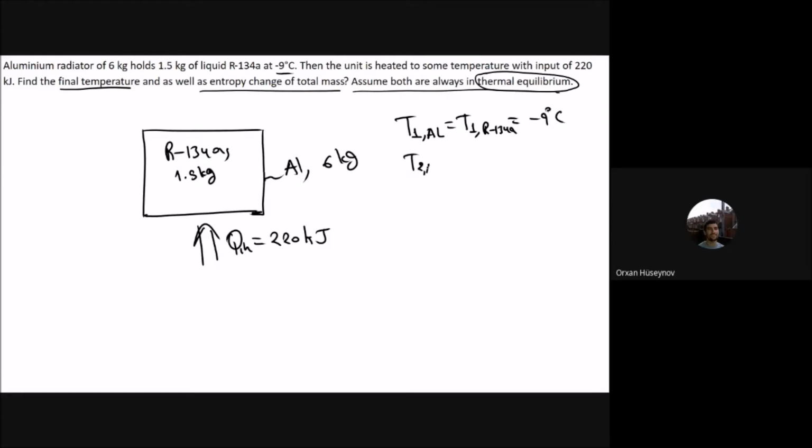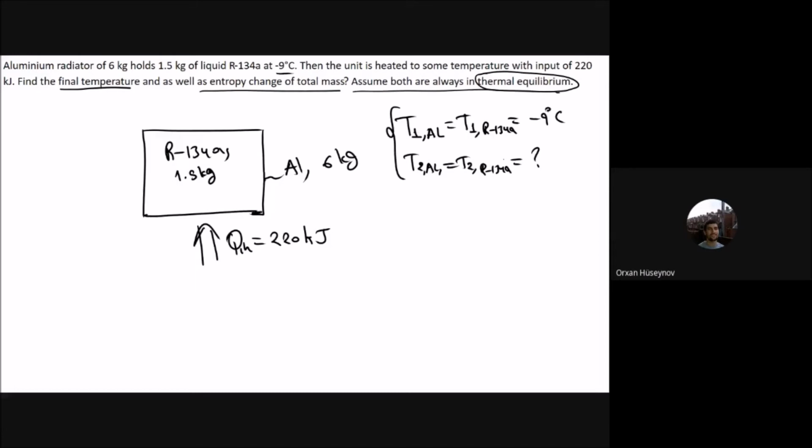And the T2 of the aluminum and the T2 of the refrigerant, the R134a, is unknown. So this one is T1 and this one is T2. I'm going to find the final temperature as well as the entropy change.